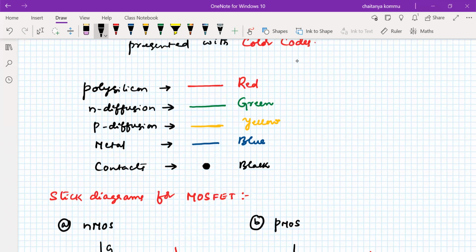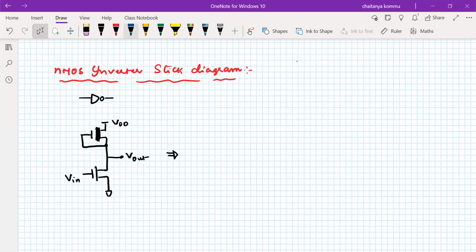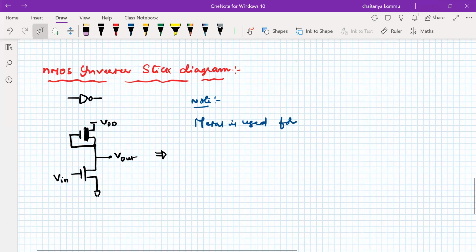For what purpose do we use metal? That's an important one, so I want to write a small note here. Note: metal is used for interconnections, as everybody knows, and power rails.